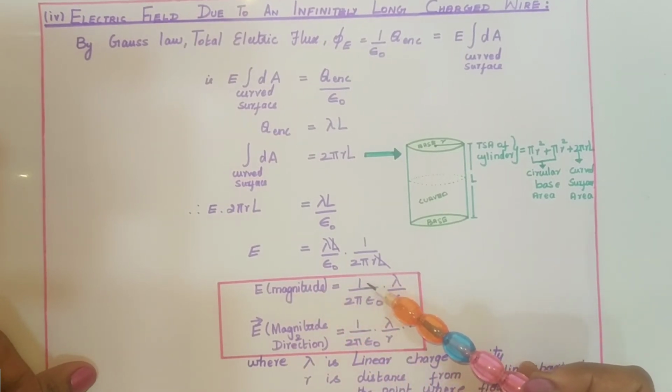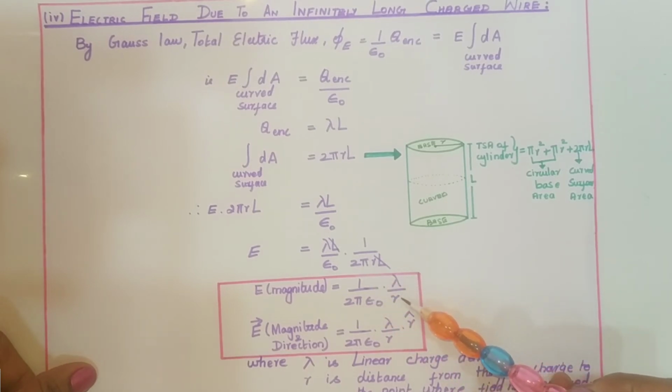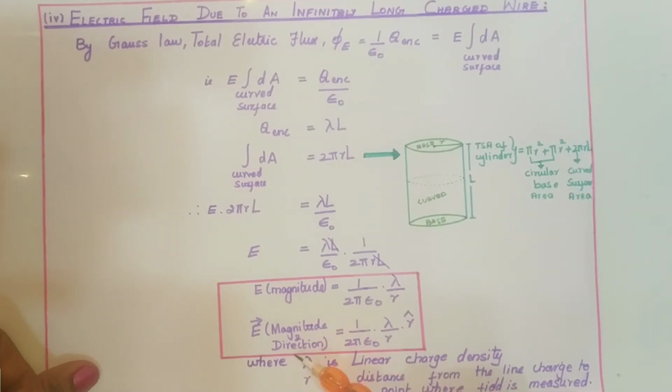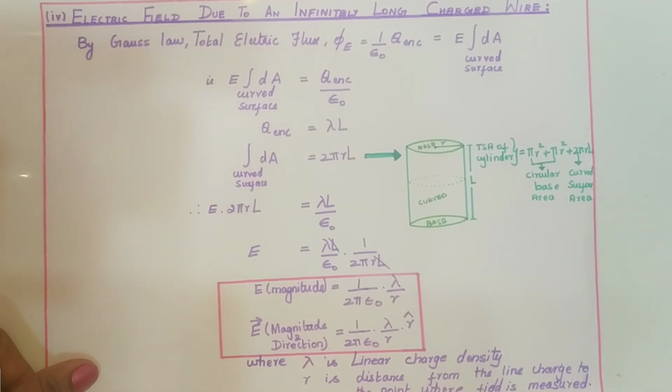E magnitude is equal to 1 by 2 pi epsilon naught into lambda by R. If we give vector notation, we get magnitude and direction. So E vector is equal to 1 by 2 pi epsilon naught lambda by R times R unit. Here lambda is the linear charge density and R is the distance from the line charge to the point where the field is to be measured.